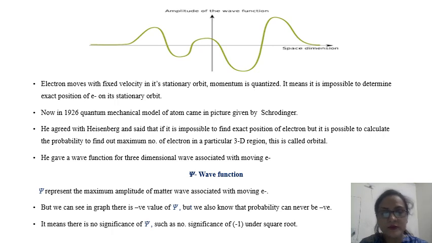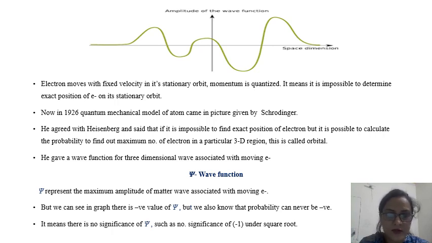Electrons move with fixed velocity in their stationary orbit. As you know, momentum is quantized. It means it is impossible to determine the exact position of the electron on its stationary orbit.